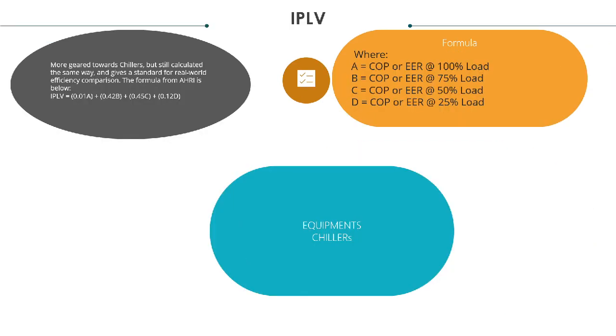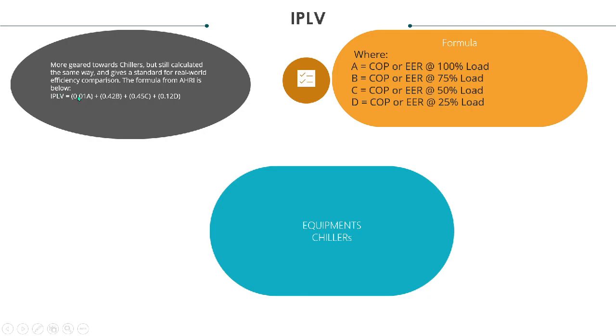The next one is IPLV, or else integrated part load value. More geared towards chillers, but still calculated the same way and gives a standard for real world efficiency comparison. The formula from AHRI is below.